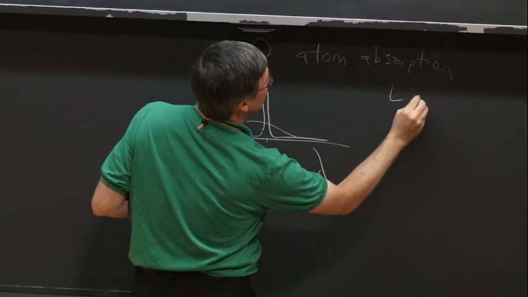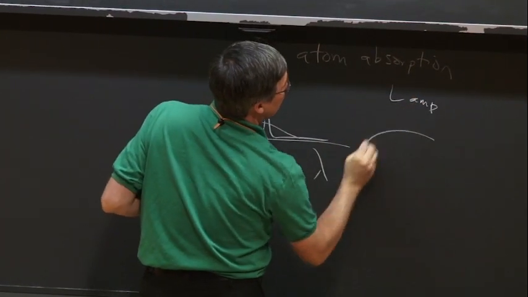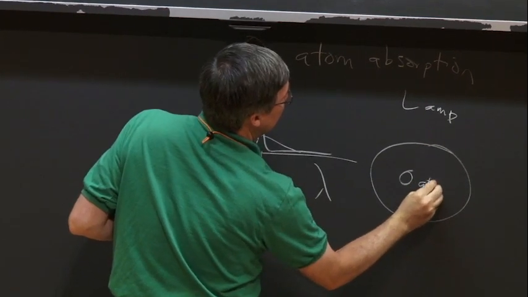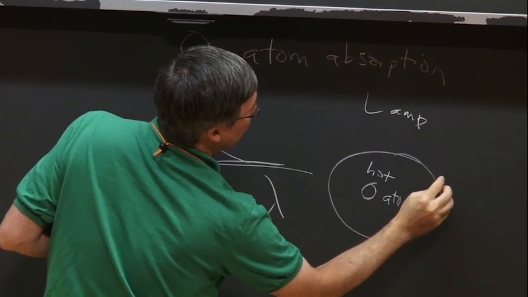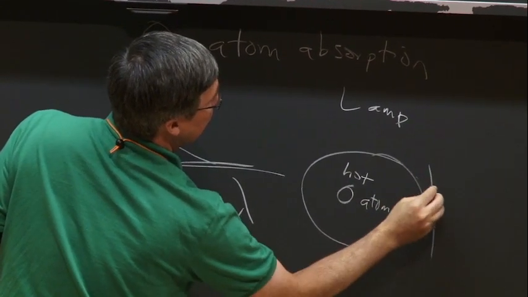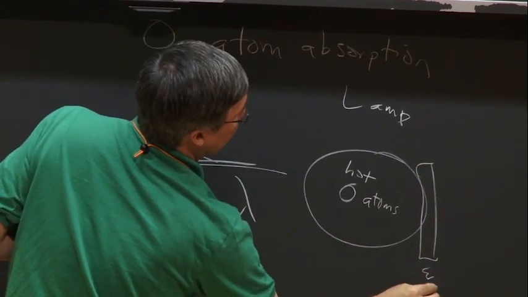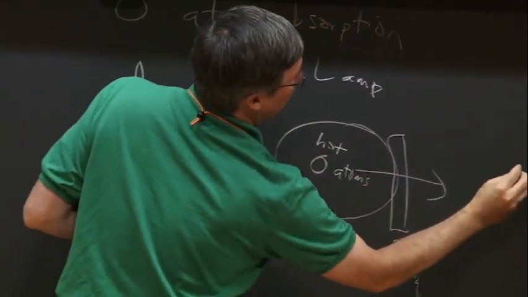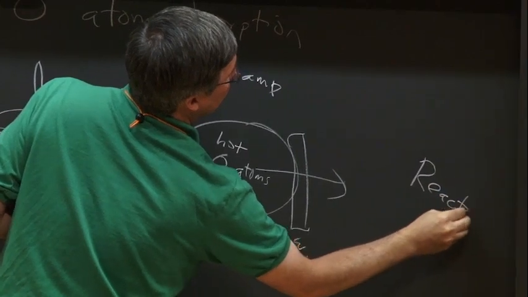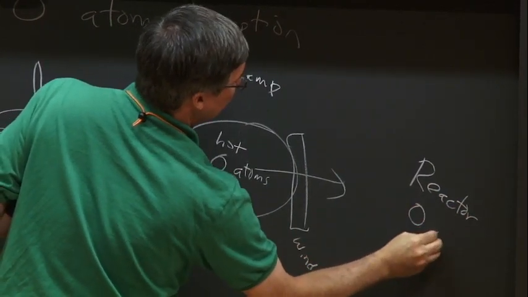Let's see what a lamp looks like. In here, I have some O atoms, and they're really hot. But then I might have some region near the wall, near the window, so I have a window. And my lamp, I'm trying to get light to come out. This is going to go to my reactor, where I have some O atoms also.